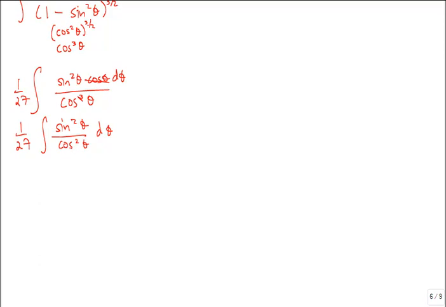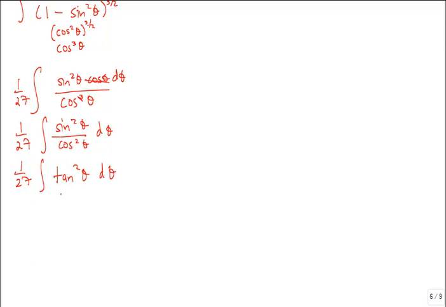So you could think of this as a tangent squared theta and do it that way. Or another option we've done earlier today, you could change this sine squared theta into 1 minus cosine squared theta and then break that fraction up into 2 separate fractions. Both options work. Let's just go ahead with the tangent option since we haven't done it that way yet. Sine over cosine is tangent, so sine squared over cosine squared would be tangent squared theta.